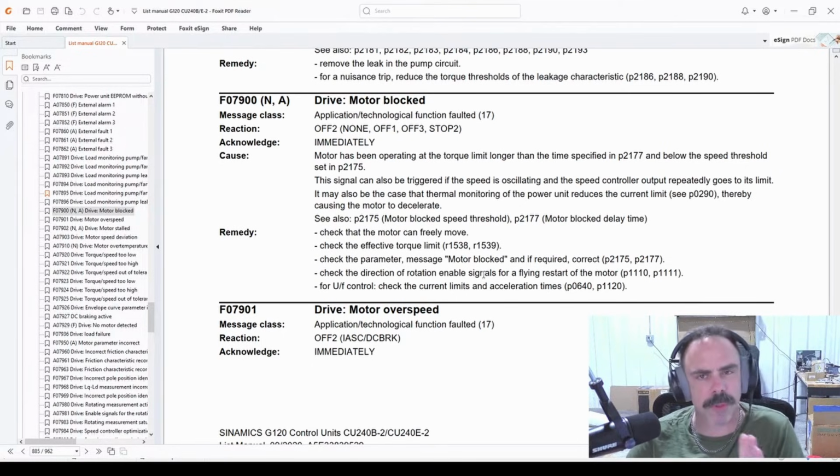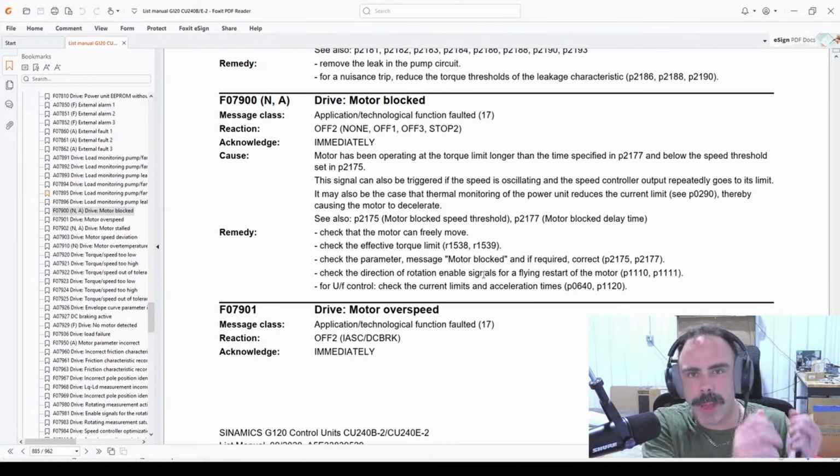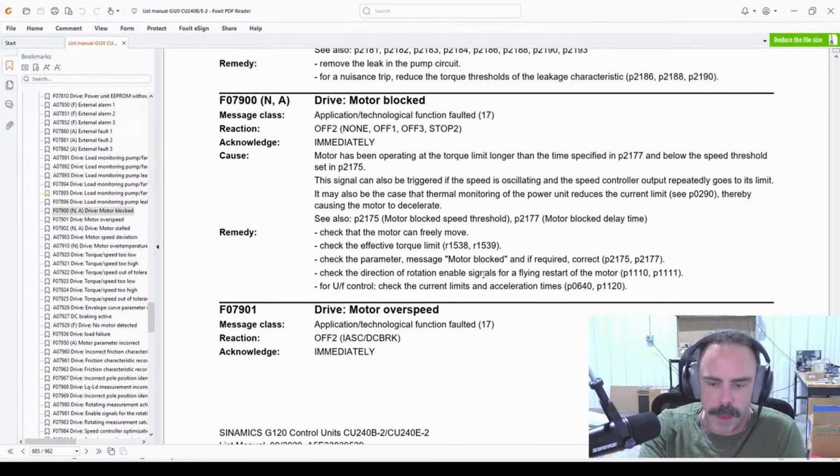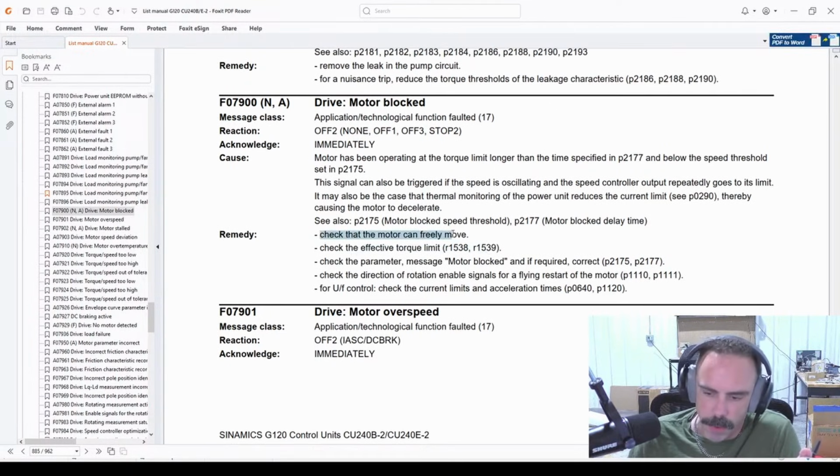When you're starting up a system with an encoder in it, you might be getting this fault 7900, and the first thing you want to do is go out there and turn it by hand and make sure that you can turn the process. Is it free to move? You can see here in the remedy, the first line item is to check that the motor can freely move.